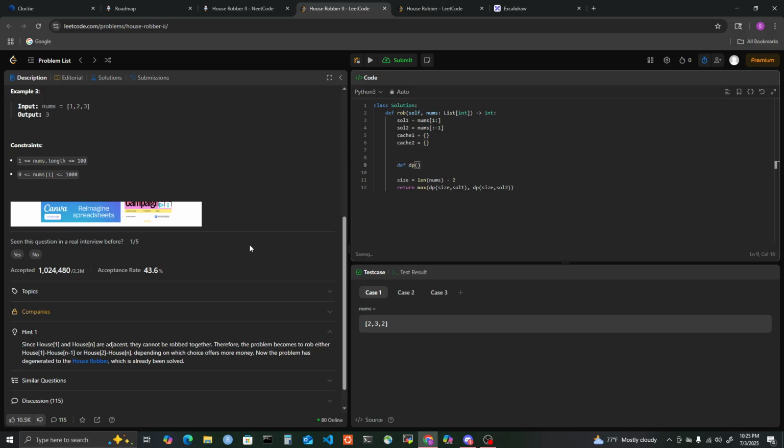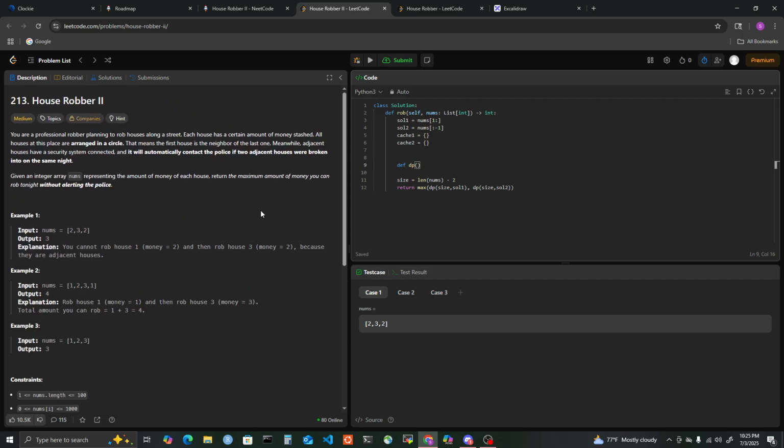Okie dokie. Let's say this is the house, and then this is the neighbors. Just do a kind of a cute thing of just checking the neighbors. So.